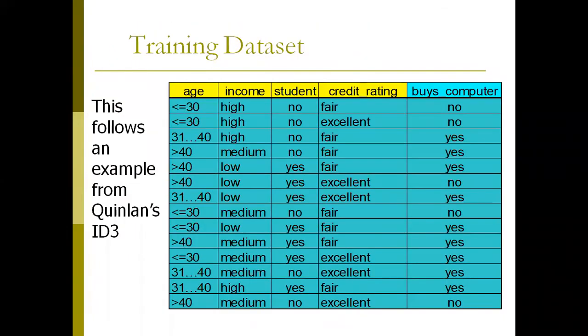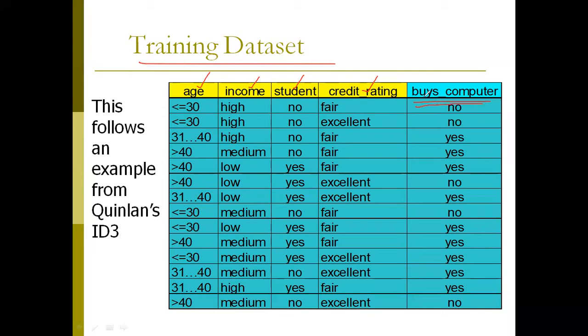Now we'll see one more training data set. This training data set has the attributes age, income, student, and credit rating, and based on these four attributes, you are going to classify the class labels.